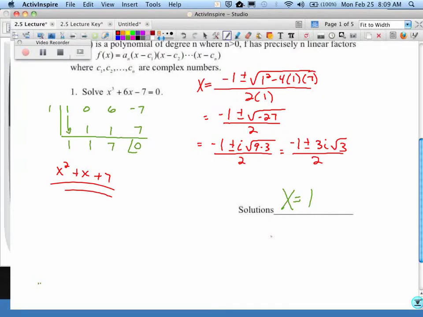But some of you might write it -1/2 plus 3 root 3 over 2 i and -1/2 minus 3 root 3 over 2 i.